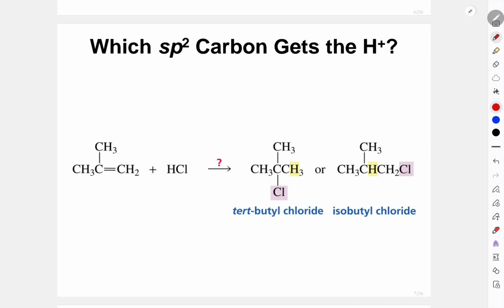Hydrogen attaches to here, and in this case chloride attacks there, to generate the first product. Or the hydrogen is added to this carbon, and the halide attacks the carbon next to it, which will give you the second product.